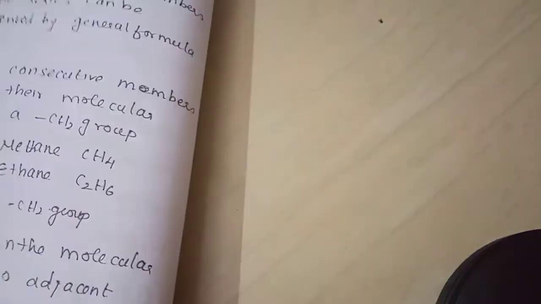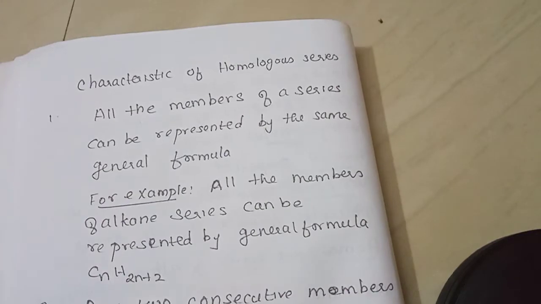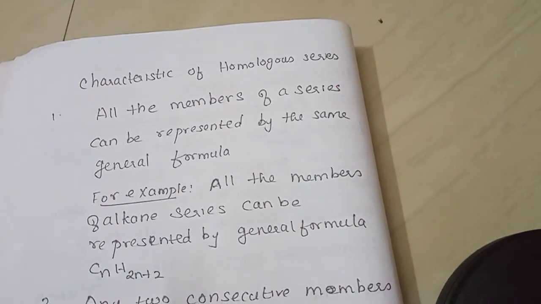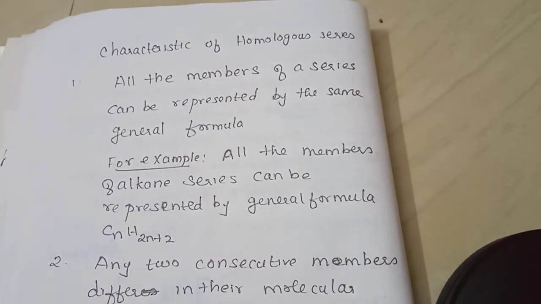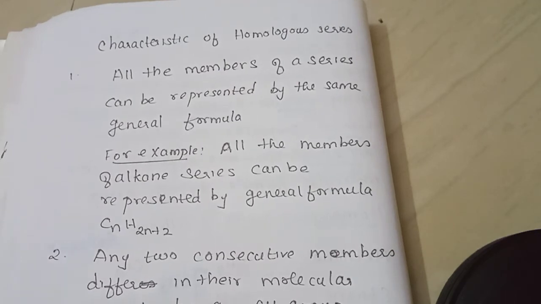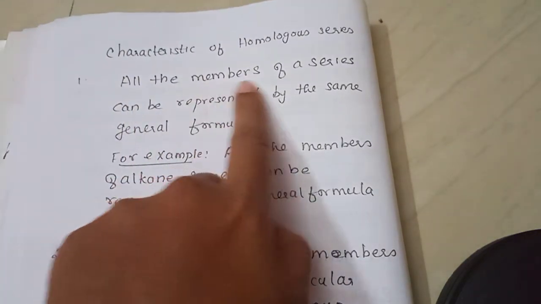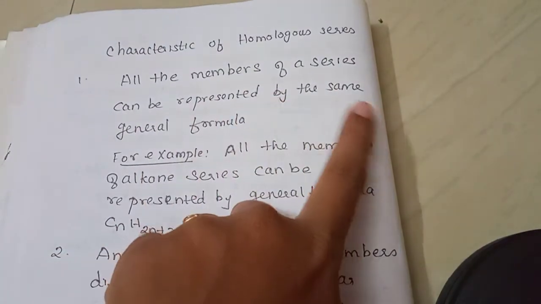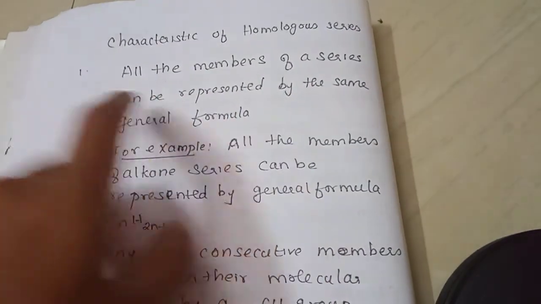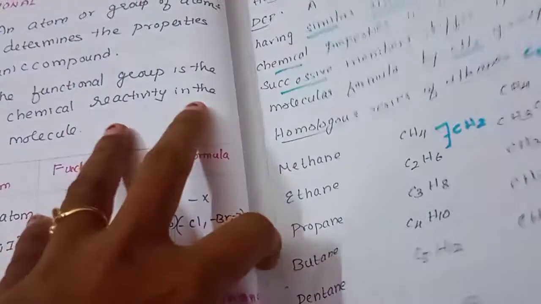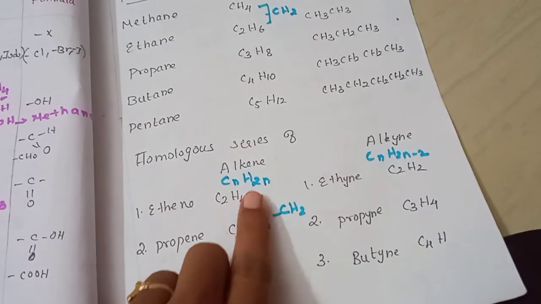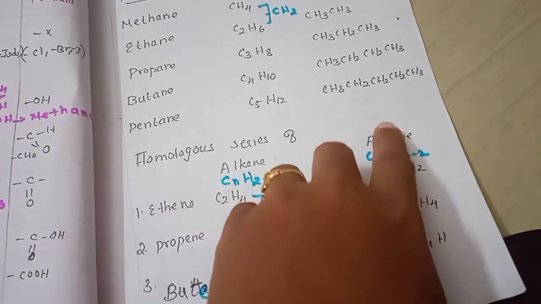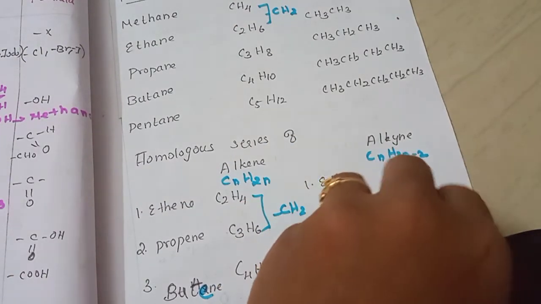Next, the main thing: characteristics of the homologous series. This is an often asked question in 5 mark questions. It will be asked in A, B options. What are the characteristics? First, all the members of the series can be represented by the same general formula. Alkanes have the formula CnH2n plus 2, alkenes CnH2n, and alkynes CnH2n minus 2.